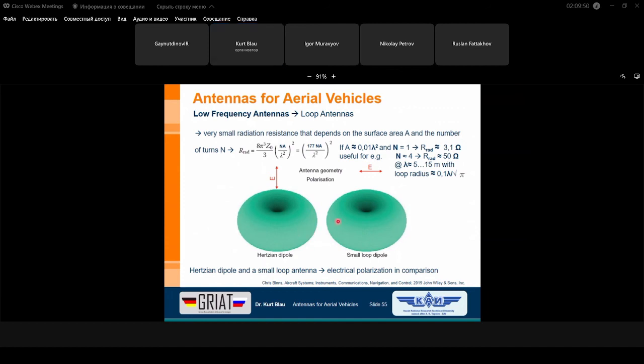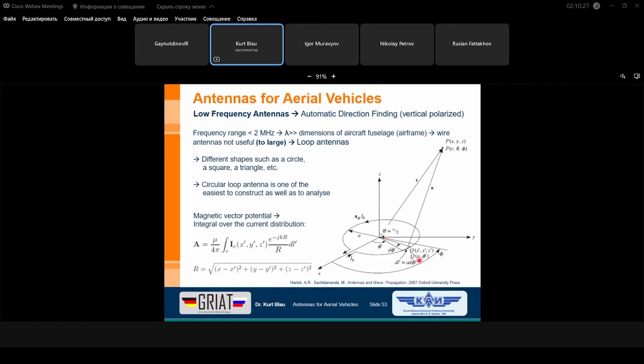Meaning if I turn this diagram perpendicular to this one, then the E field goes in the same direction. Meaning the E field goes in the direction of the wires of our loop. Here, in this direction, are the wires of the loop located. Okay, I switch back.